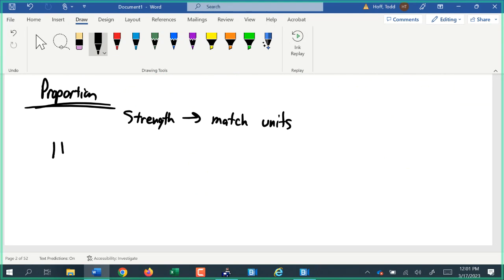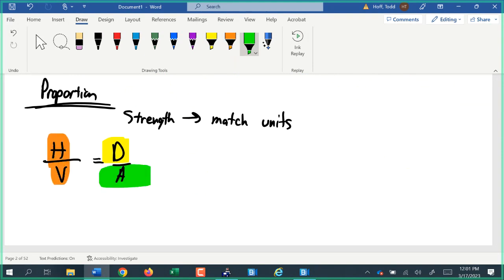Sometimes it's listed using the same abbreviations as the dosage calculation formula, H over V equals D over A. So you input the doctor's orders here. This is the information off the vial. You get the amount to administer to the patient there. Others list it as the amount to administer to the patient over the doctor's orders equals the vehicle over the on-hand dose. Same relationship, just set up differently.